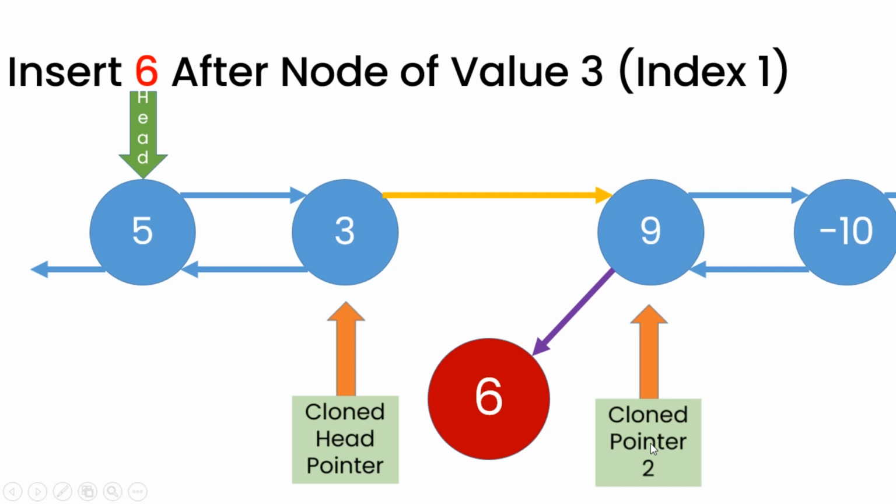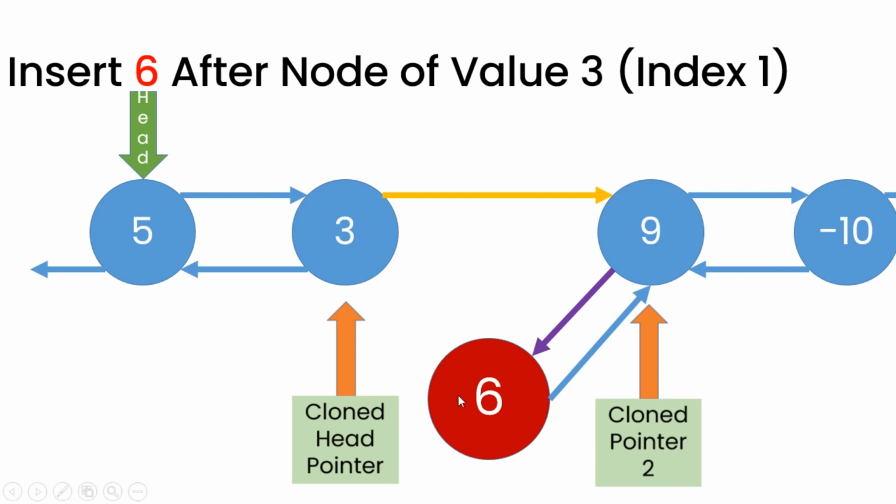And since we already have a pointer to this node of 9, and we already have a new node of value 6, we're just gonna change the next pointer to the value of 9. And once we do this, we have fixed half of our insertion.